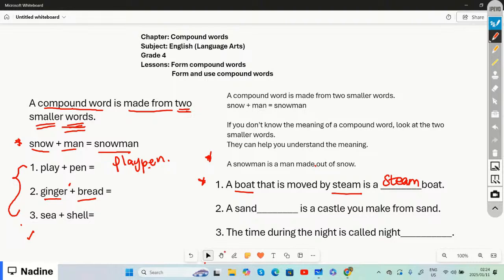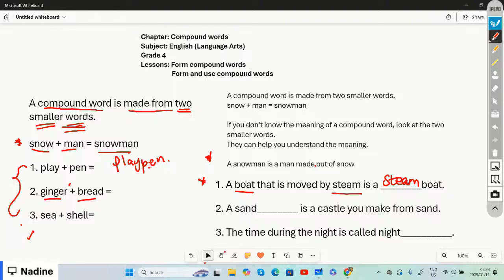Boat is already there, so all we do is we just add the word steam. Yes, we have waterfall, sailboat, steamboat. Well done. Steamboat is correct.